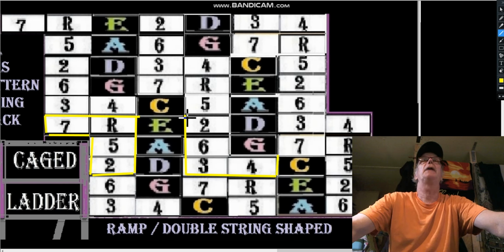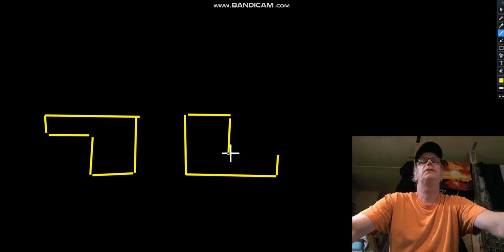So that pattern, which is a 3-string pattern, DAE, is an S3D. And the S3D has a shape, and that shape is the 7L shape. Okay? So that's the shape of the S3D.